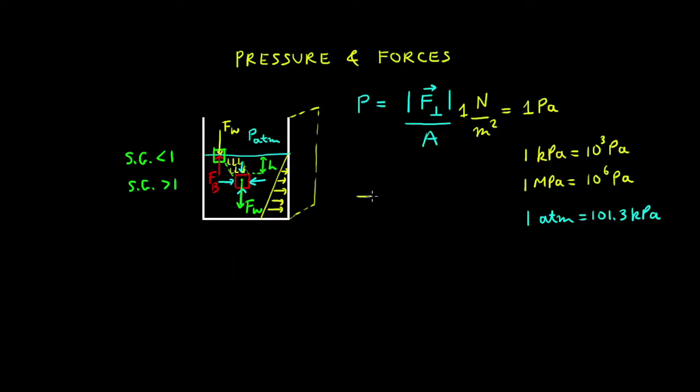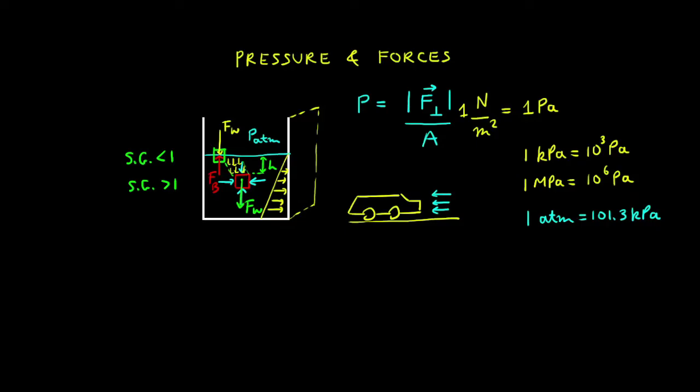Let's look at another example. So if we have a car that's traveling along a road surface, the car is going to be subjected to wind forces which are going to have a complex flow around the car.